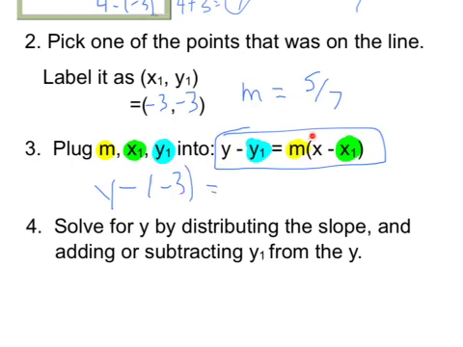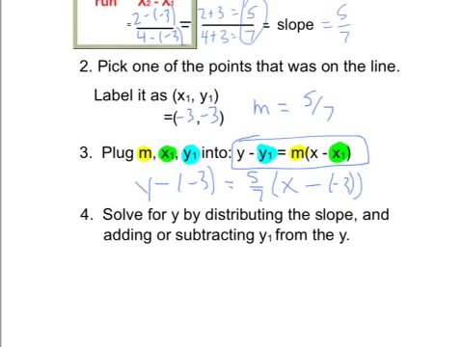All right, now moving on to the right. m is our slope, and so we're going to use 5/7 instead of m. x is going to stay, and x1 is the x coordinate from the ordered pair, and that was also -3.